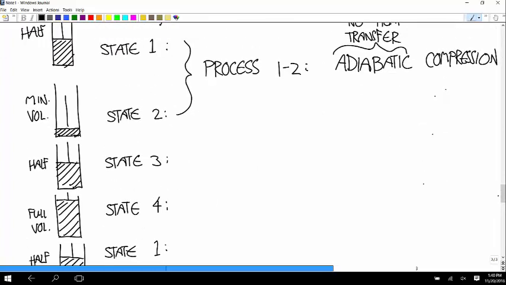That adiabatic compression is followed by, so this next process from states 2 to 3 is an isothermal expansion.